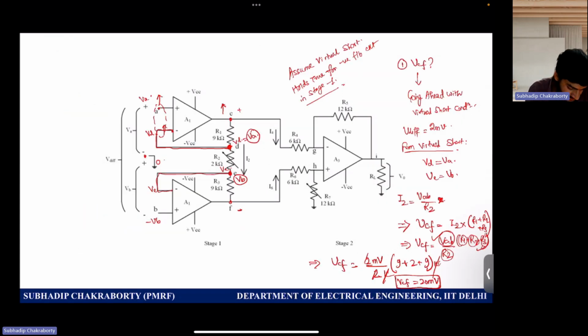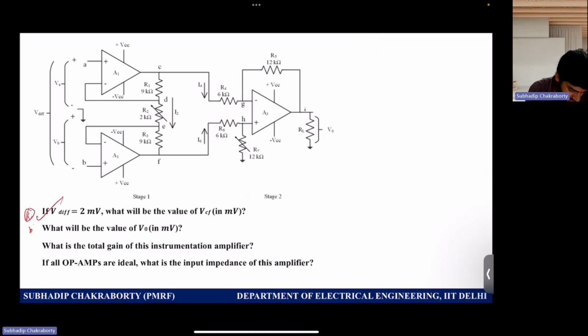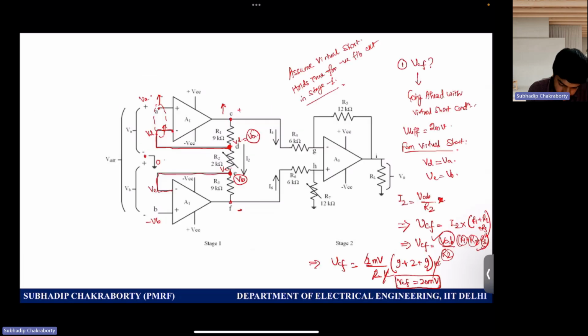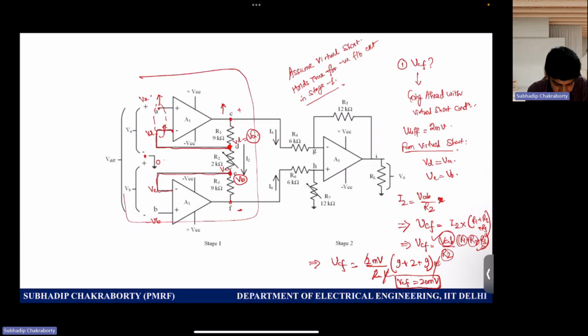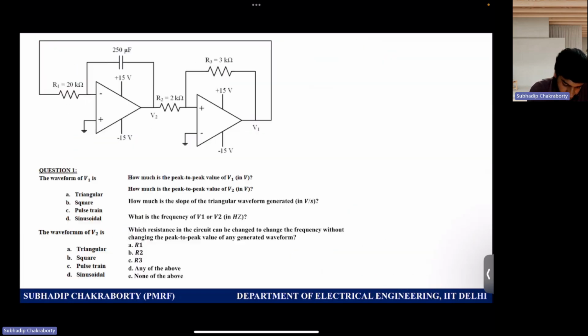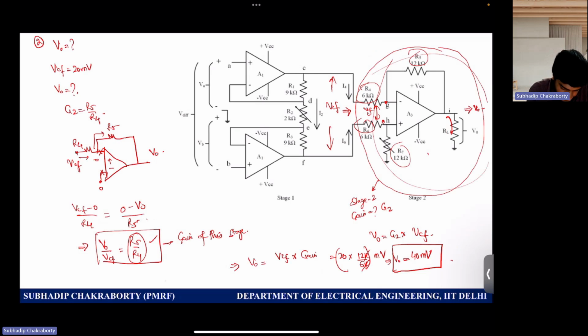Now they have asked in part C the total gain. So we already determined the first stage gain, that is from V diff to VCF, then this is stage 1, and the next gain is of stage 2, which is VCF to V0.